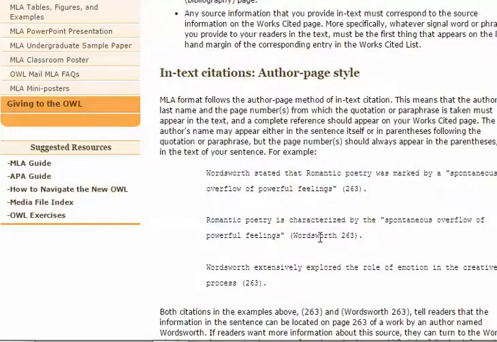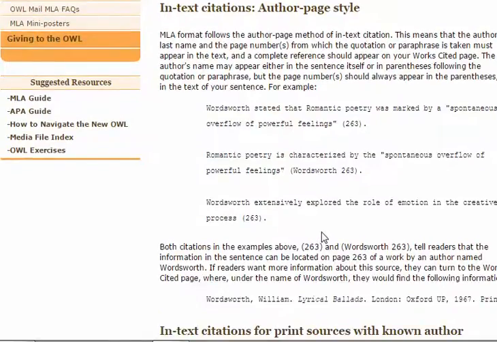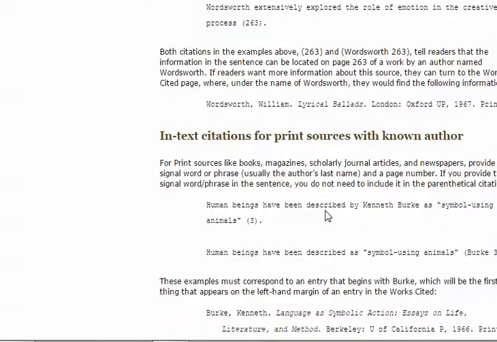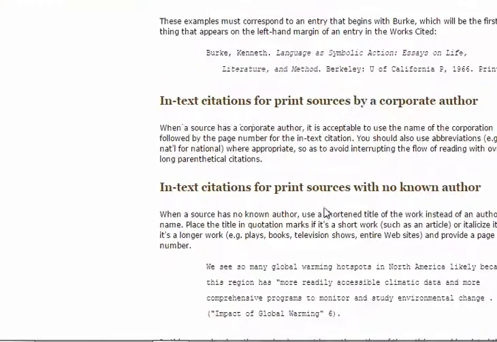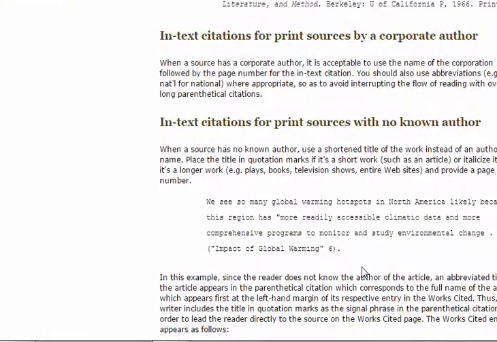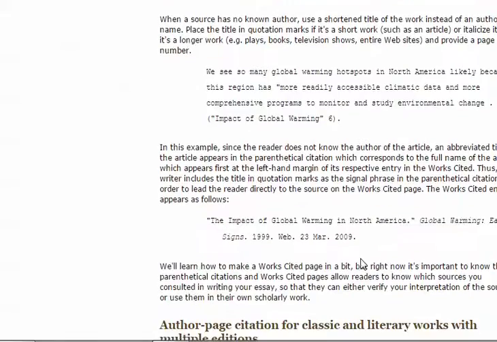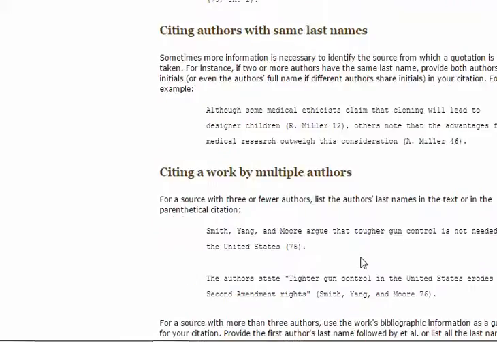Here's the author. And remember, with a block quote, you put this at the end of the block quote. Okay. See if there's an example of a block quote here.